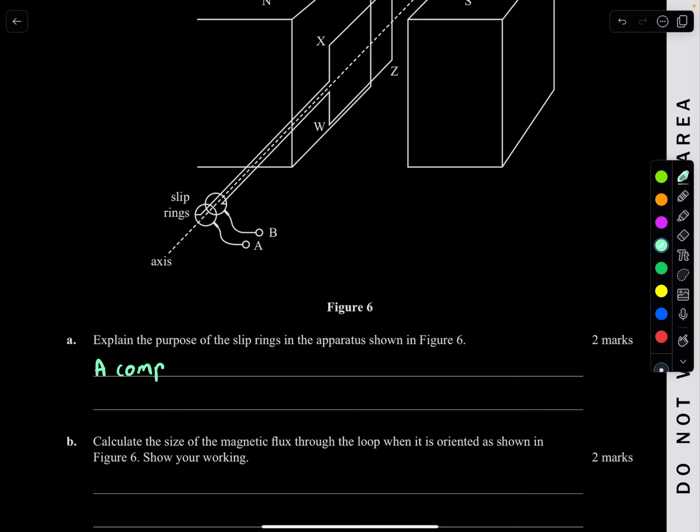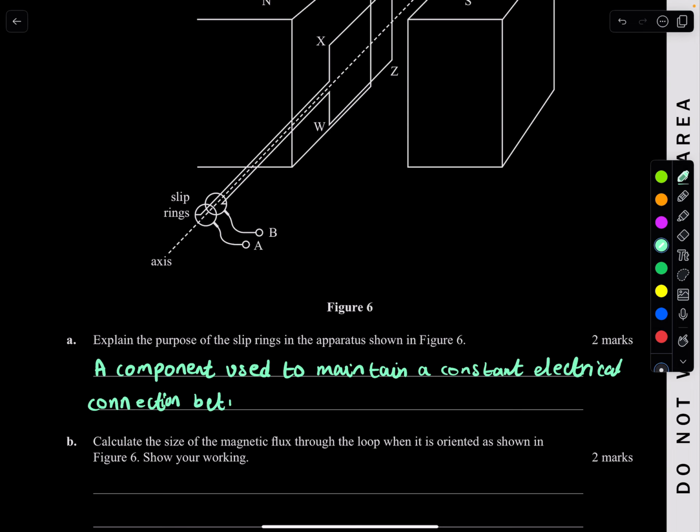So let's write that down here. It's pretty much a component used to maintain a constant electrical connection between a stationary external circuit and a rotating coil.